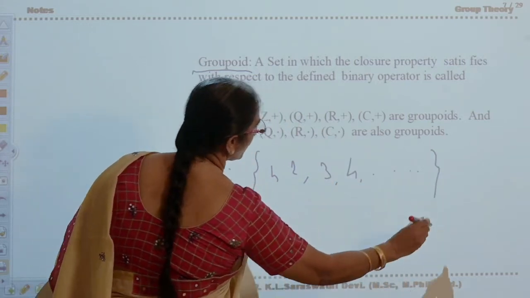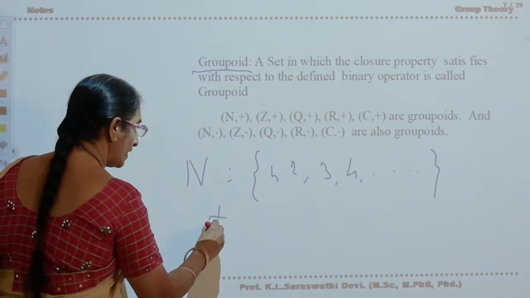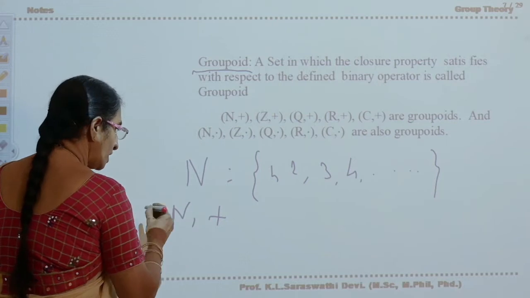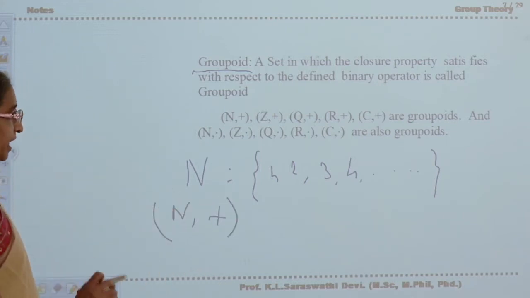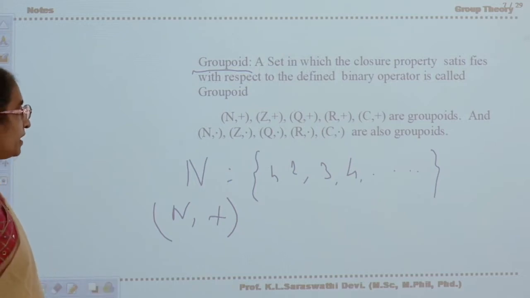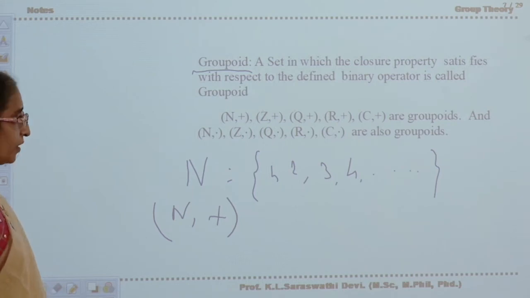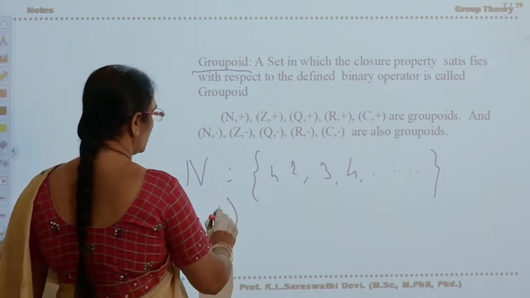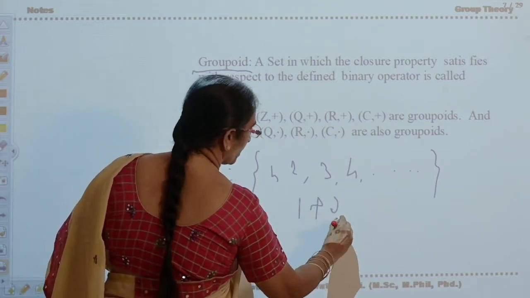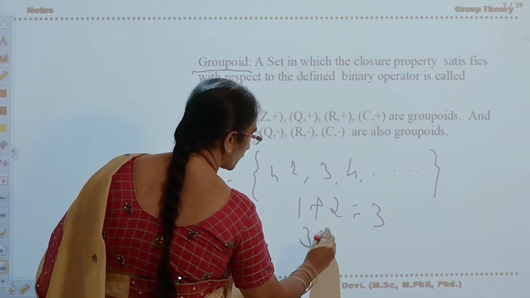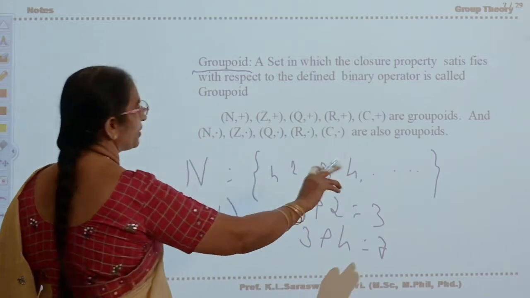Now you say N is equipped with the addition operator, so N, plus is a binary operator. If you operate plus between any two elements, 1 plus 2 is equal to 3, 3 plus 4 is equal to 7. Now 3 and 7 are elements of N again.